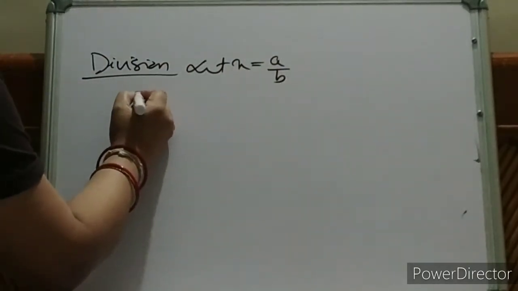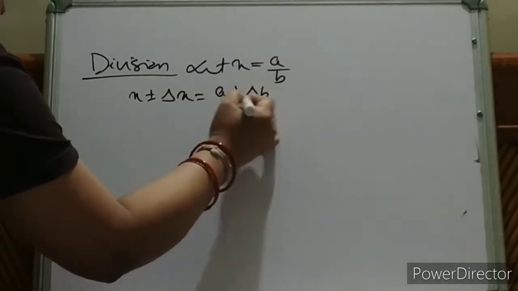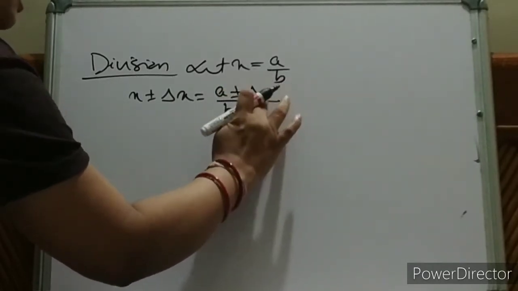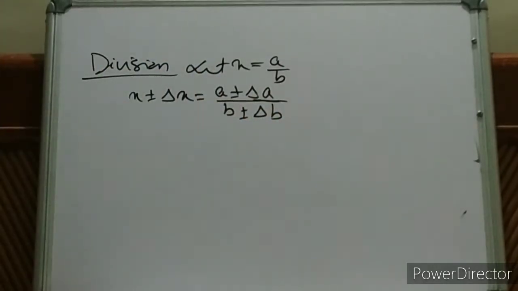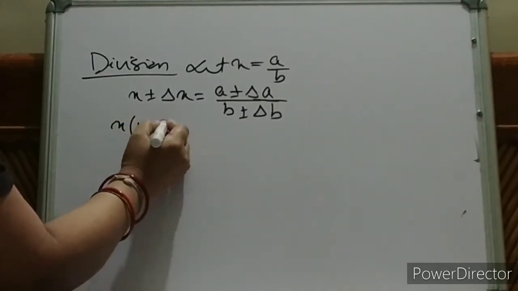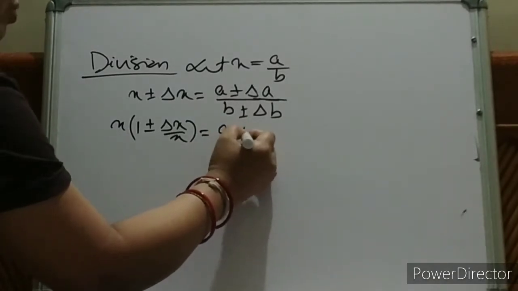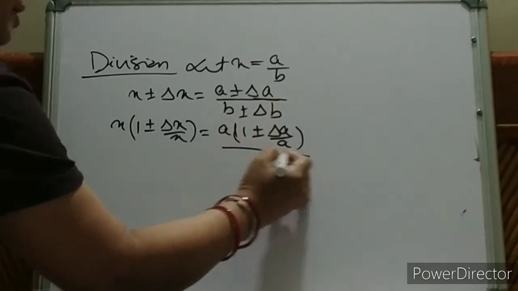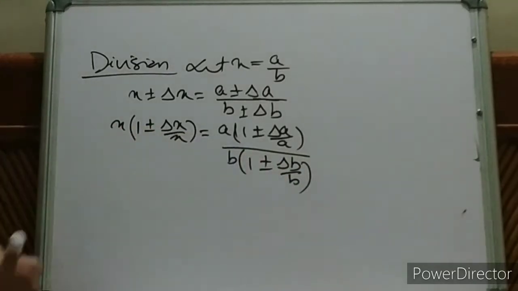So that means x plus minus delta x is equal to (a plus minus delta a) divided by (b plus minus delta b). So take x common from this, so 1 plus minus delta x by x. Take a common: 1 plus minus delta a by a divided by 1 plus minus delta b by b.